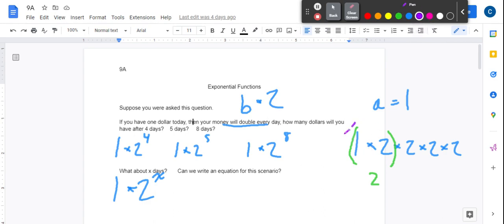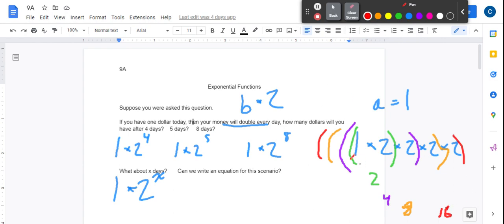Then after day 2, we have $4, so that $2 doubles. And then after day 3, we have $8. Then after day 4, we have $16, because whatever we have doubles every day.